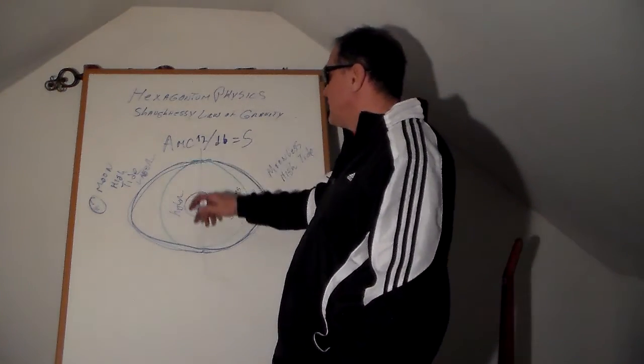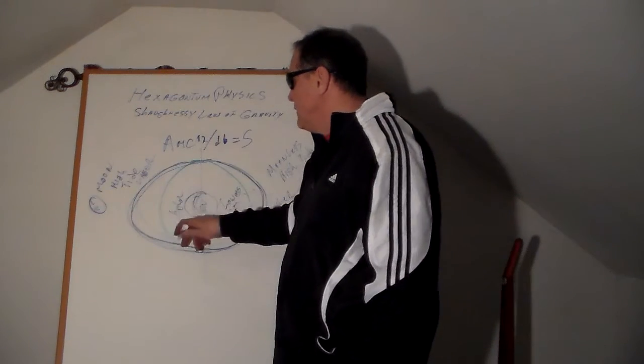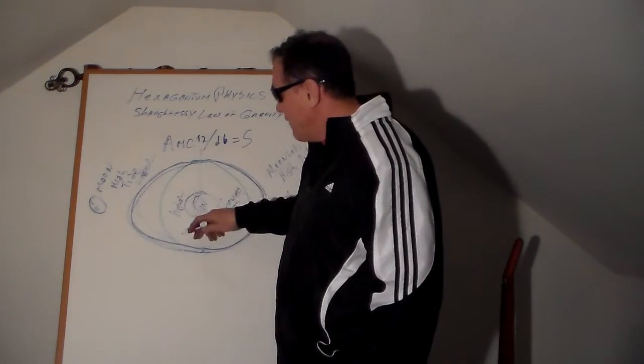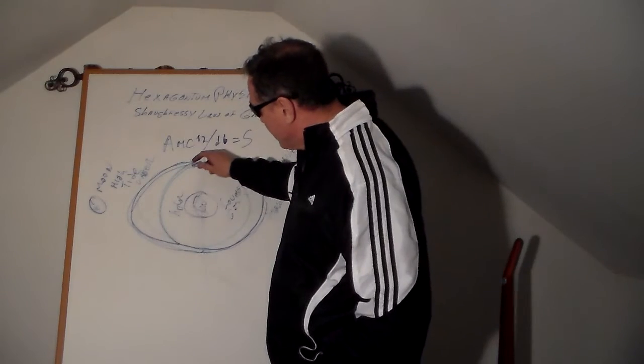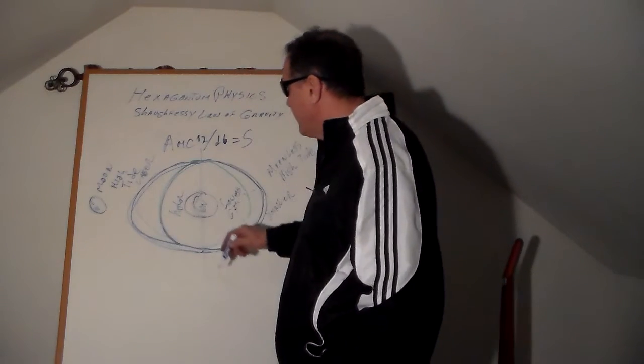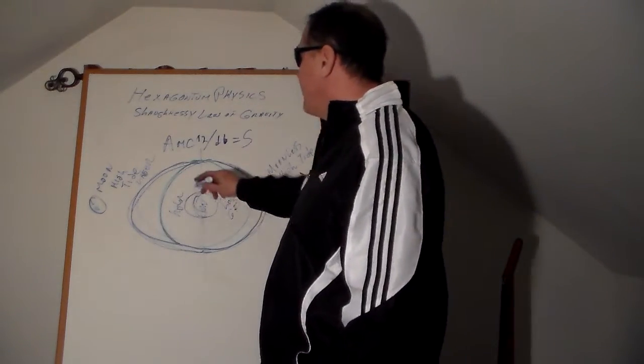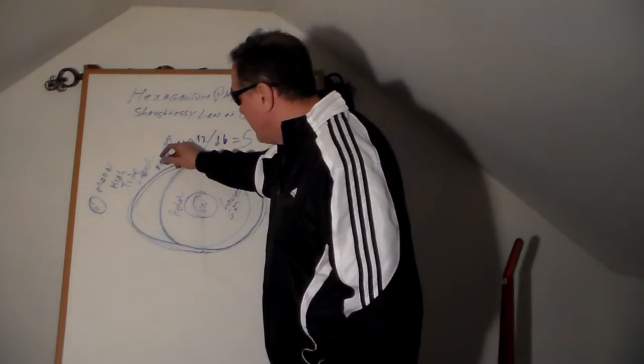M is the mass. So if you have the angle of this coming off above the ellipsoid, this is the ellipsoid right here, the actual surface of the planet, you measure that in radii.